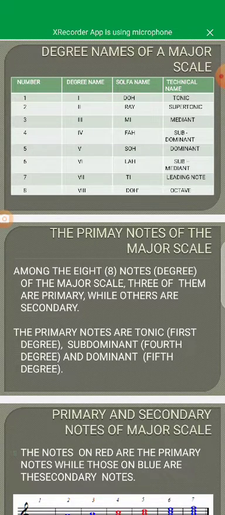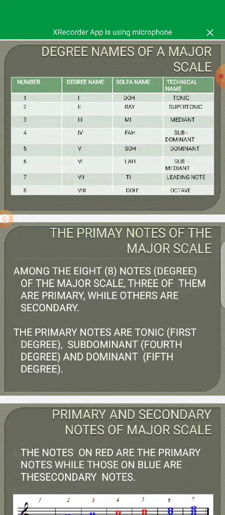The primary notes are the tonic, which is the first degree, do, the subdominant, which is the 4th degree, and the dominant, which is the 5th degree. Do, fa, sol, do. Okay, so those are the primary notes.